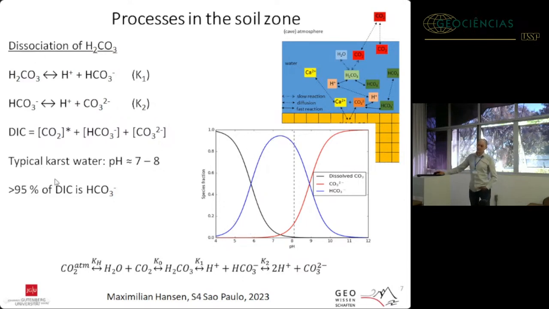So for typical karst waters, the solution will be dominated by bicarbonate, as we have pH values between 7 and 8. For even higher pH values, the carbonate ions will be the dominant species in the end. Yeah. So this is just again the overall reaction, what I showed you before. You have the dissolution of gaseous CO2 in the water, and then all the different reaction constants, which are dominant depending on the surrounding pH value.